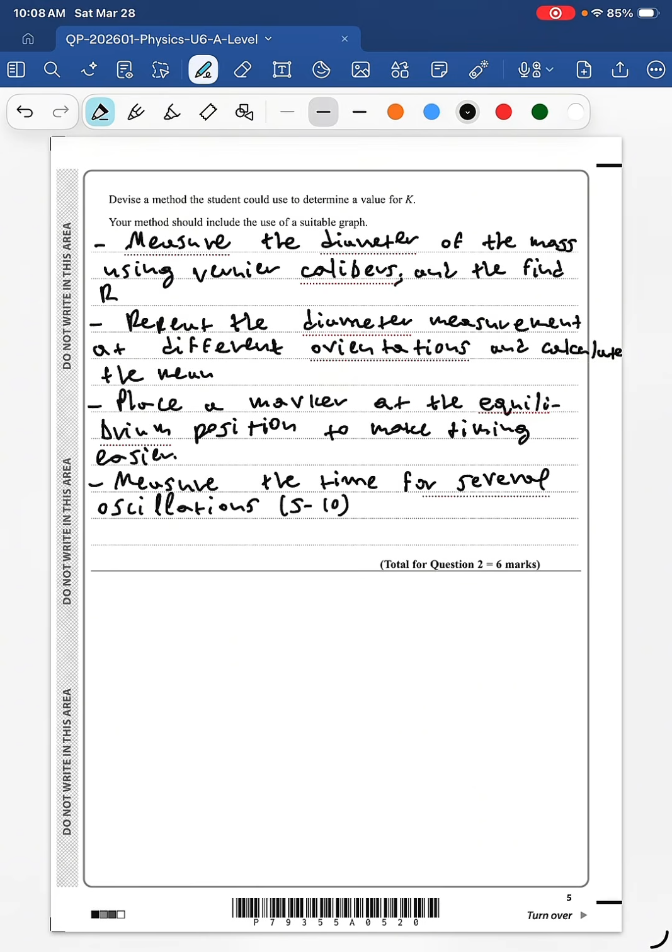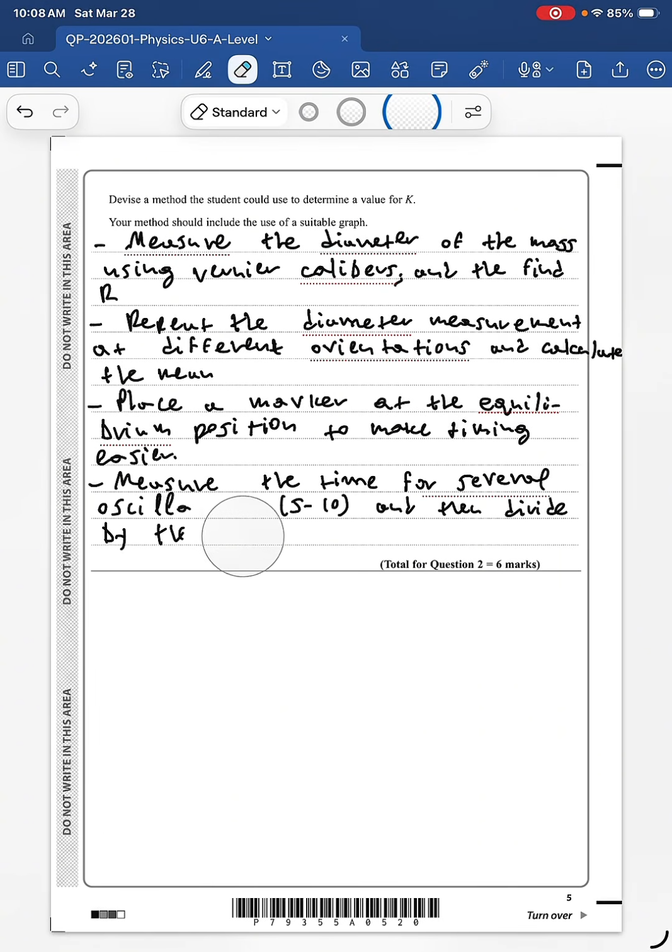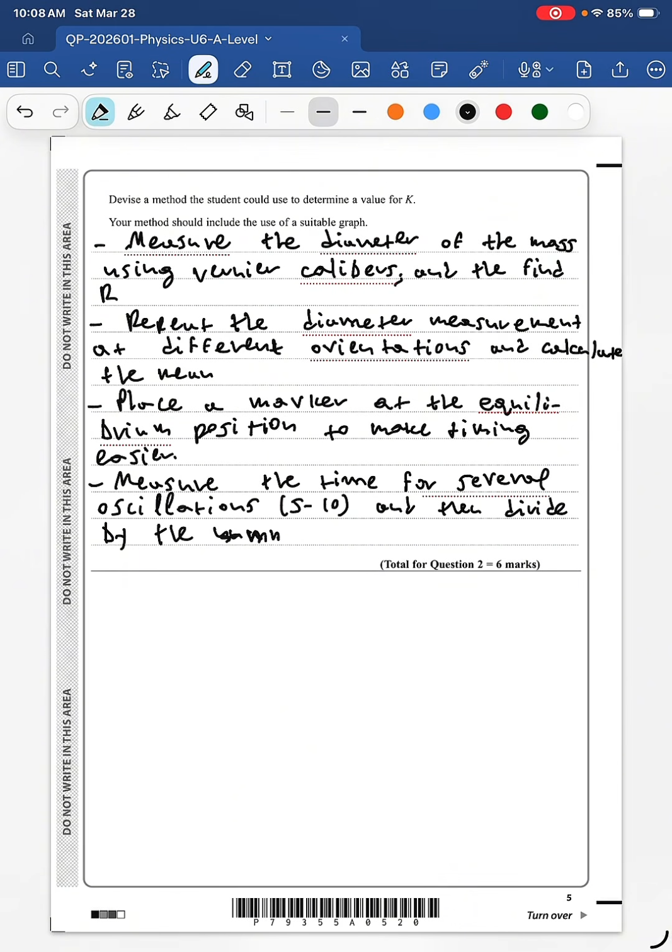Okay, and then divide by the number of oscillations to find T. Okay, and the last thing is to repeat, not the last, second to last.